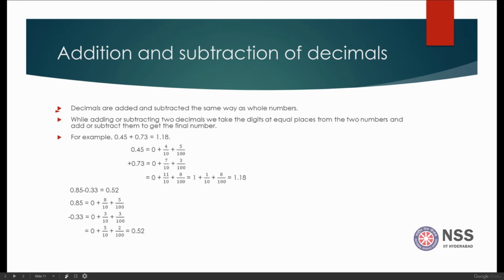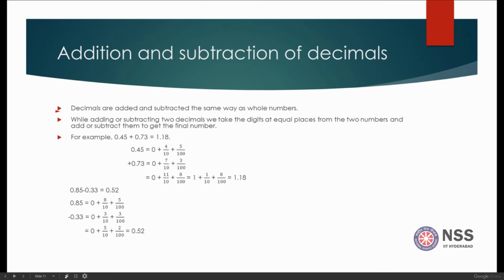Okay, let's see addition and subtraction of decimals. Addition and subtraction of decimals is very similar to addition and subtraction of whole numbers. The only thing is you have to be careful about adding zeros. We can add as many zeros to the right side of the decimal point.